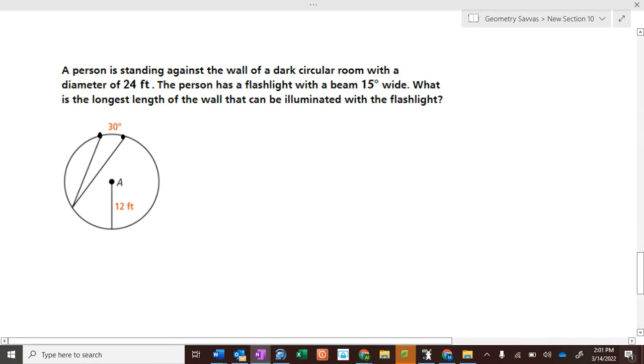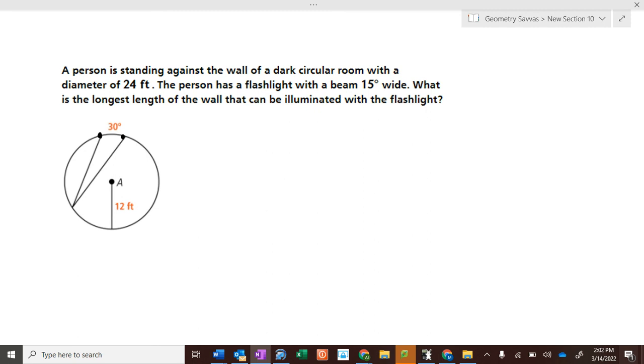Now you got to put your thinking hat on. If their beam is 15 degrees wide and they're holding the light against the wall, no matter where they are in this room, it's going to make an arc of 30 degrees, because the arc is twice the angle. The angle is 15 degrees. But how do we figure out how many feet wide this is?